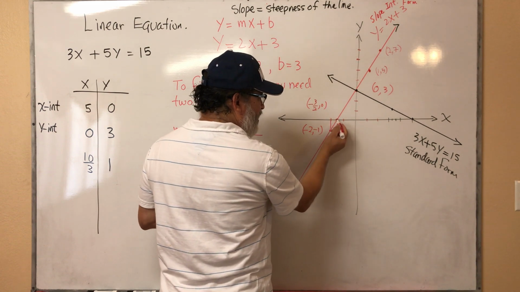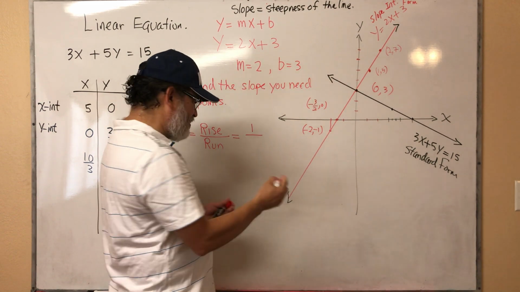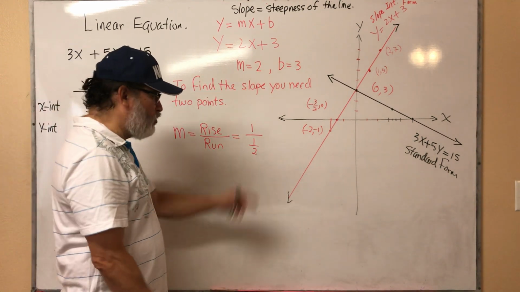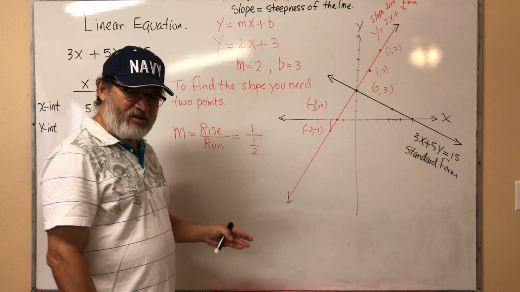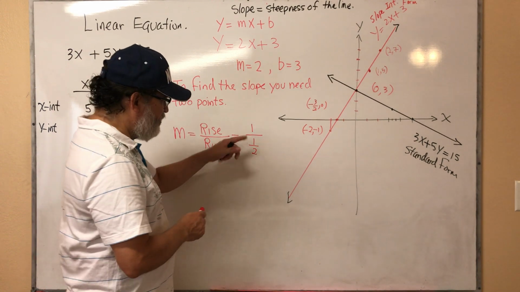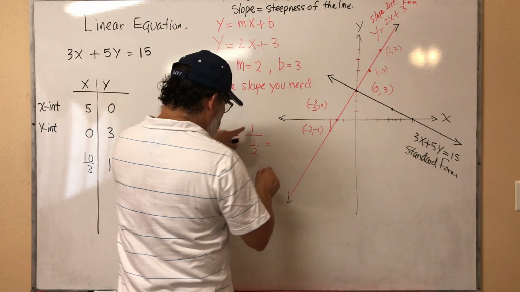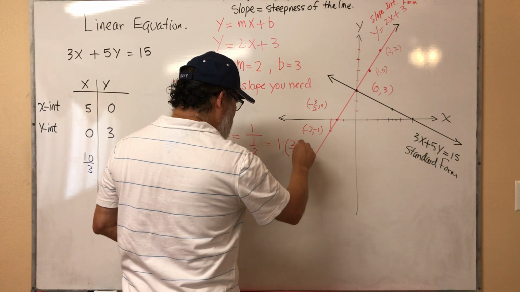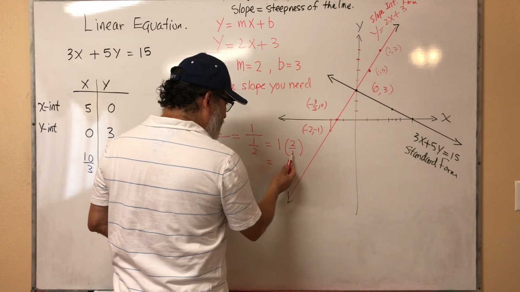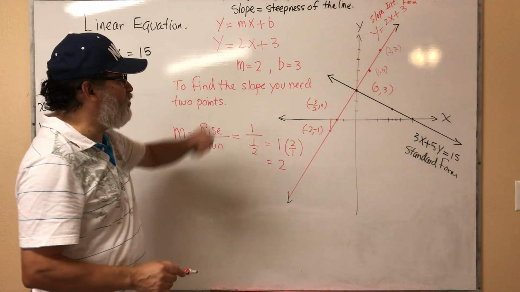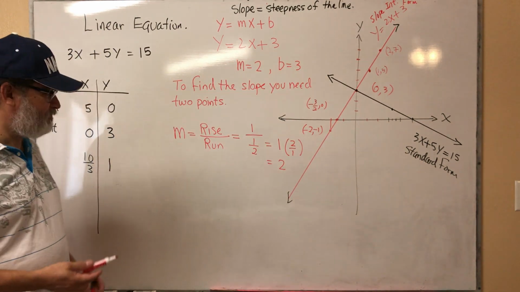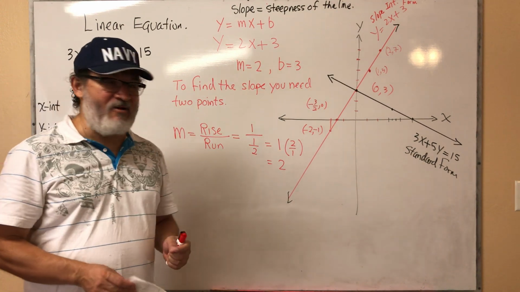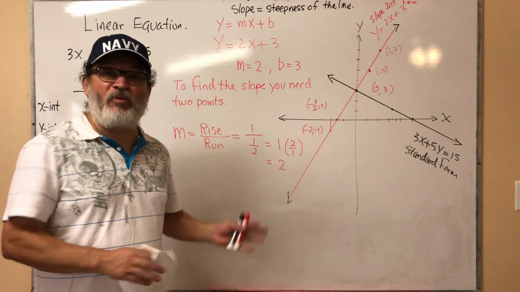What's the length from here to there? That's half a unit. Who knows how to divide by a fraction? You multiply by the reciprocal. So here, you take this 1 and you flip this 1 over. 2 over 1. And what's 1 times 2 over 1? 2. Same as before. You see? Guys, the slope is the rise over the run from any 2 points.